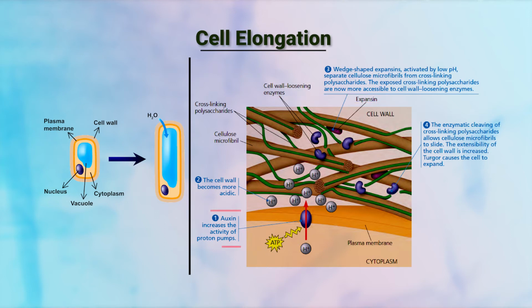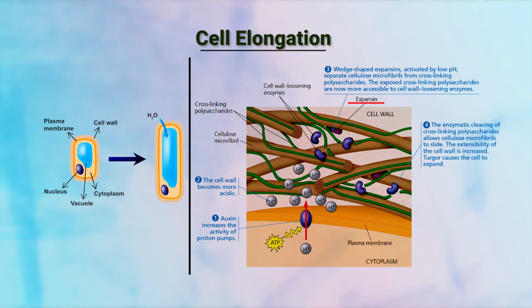Now, auxin triggers this process by activating the proton pump on the plasma membrane, which then exports protons to the cell wall using the energy of ATP hydrolysis. This results in the acidification of the cell wall, and that in turn activates the expansin proteins.